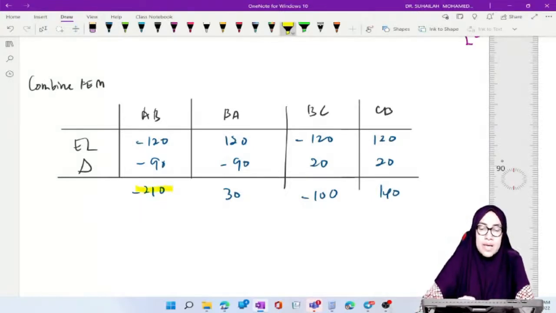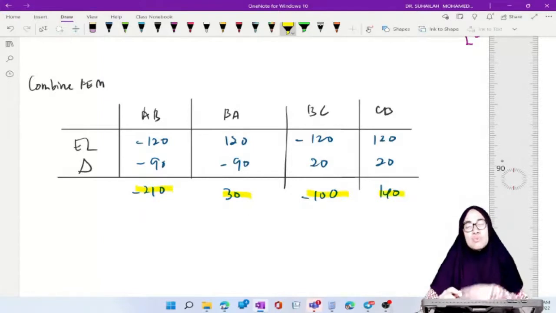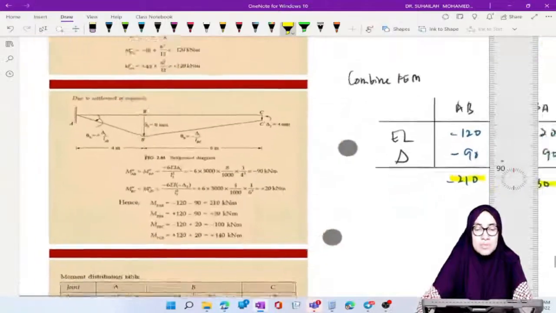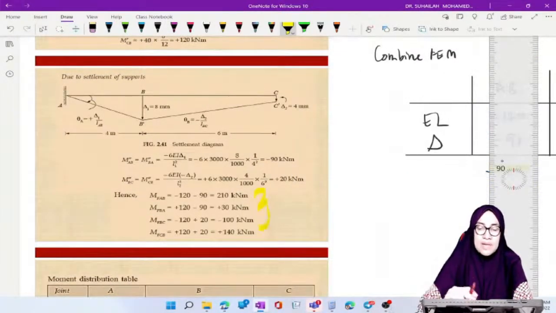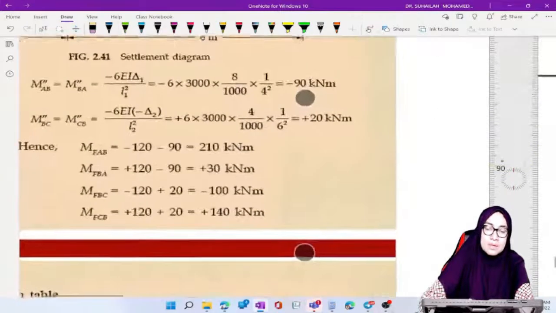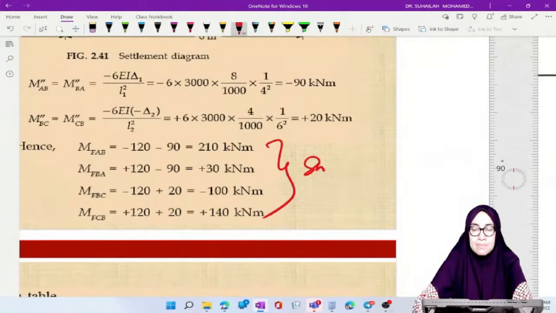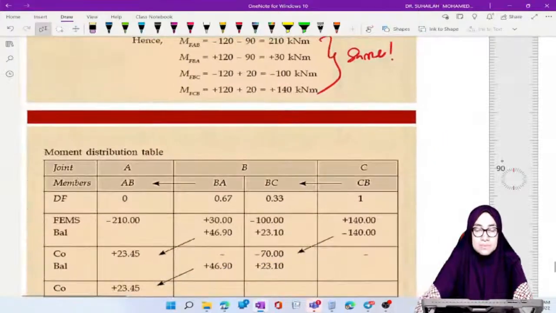This is actually the fixed end moment that we need to put into the table. It is the same value as what I have shown you previously.